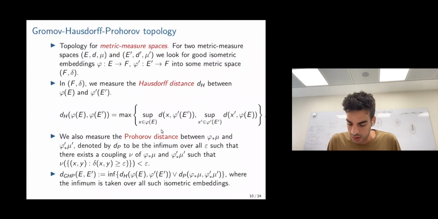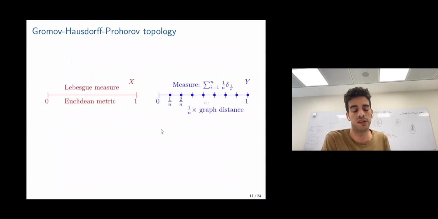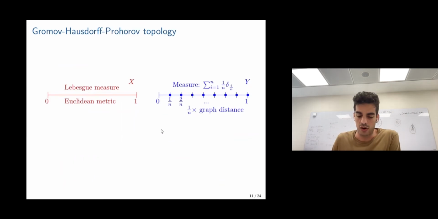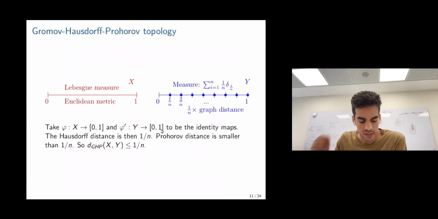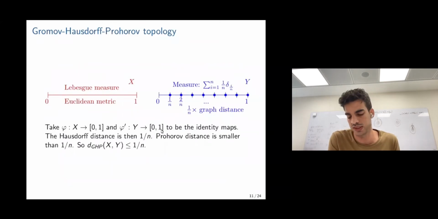So I'll continue with a basic example. If X is just a 0-1 interval with the Lebesgue measure on it, and Y is a discrete approximation of it, just a graph on n vertices, where the distances are 1 over n between two adjacent vertices, and we have the uniform measure. An embedding we can take, it's not the optimal one, is to just embed Y in X in the natural way.